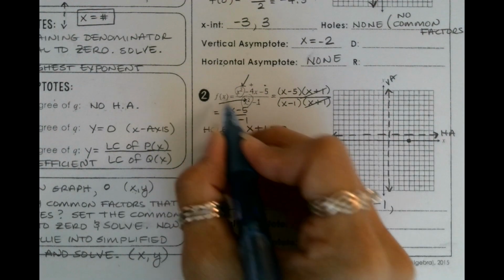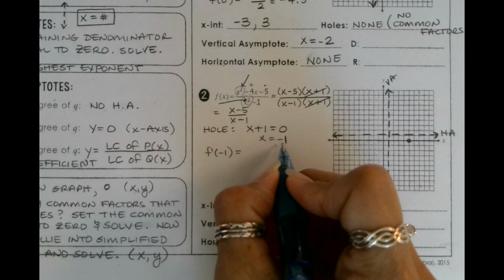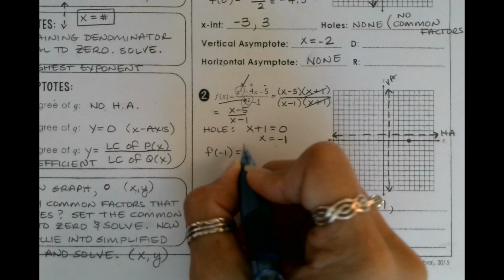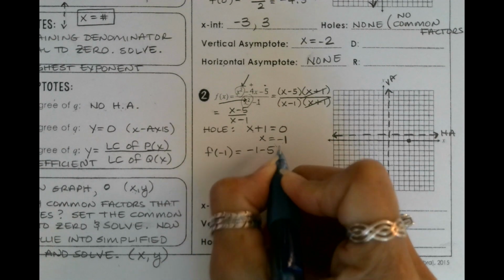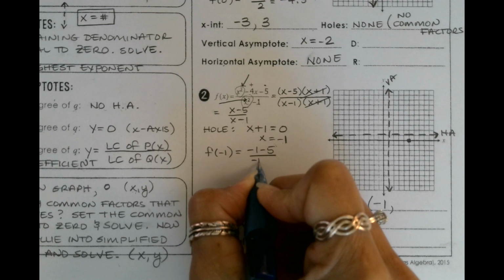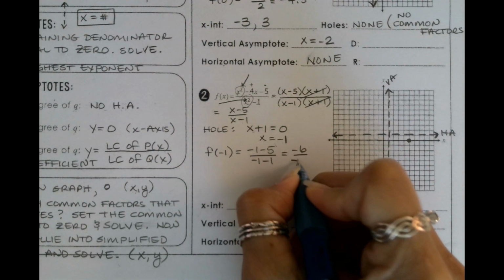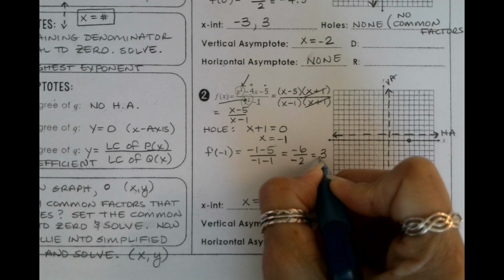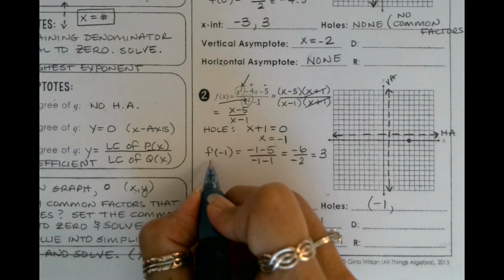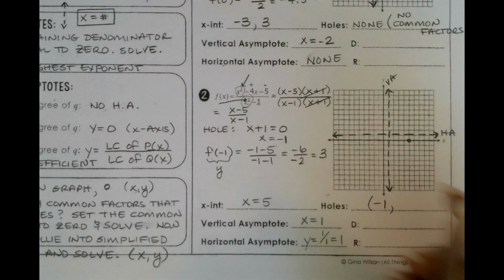So f of x is x minus 5 over x minus 1. Replace -1 here and here. So -1 minus 5, -1 minus 1, and that gives us -6 over -2, which reduces to 3. And that is your y coordinate.